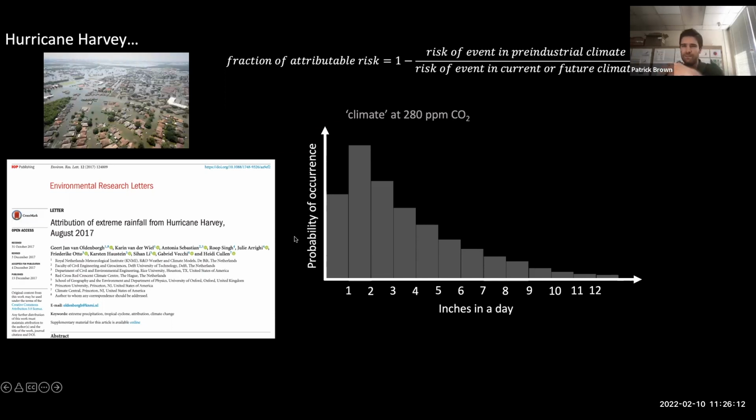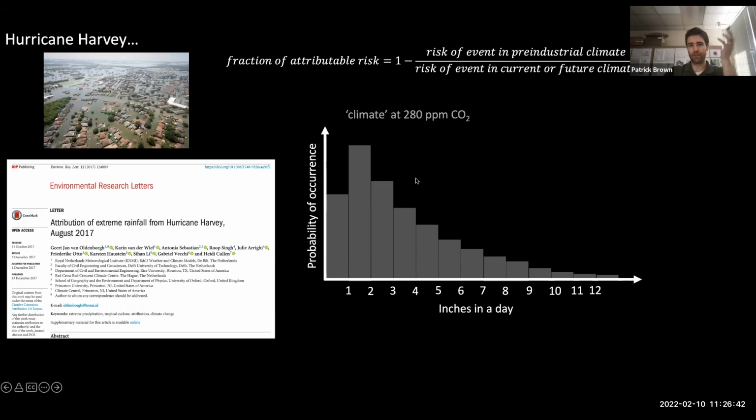This is typically what we see for rainfall distributions: it's not a normal bell curve, mainly because you don't ever get negative rainfall. But it tends to be something like this, where you have fewer of these very small rainfall events, then the most frequent is some intermediate value, and then you have this long tail.